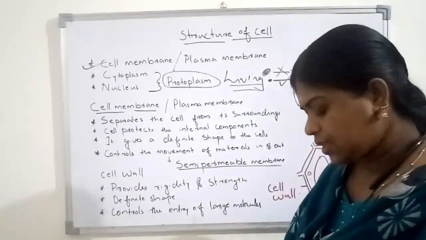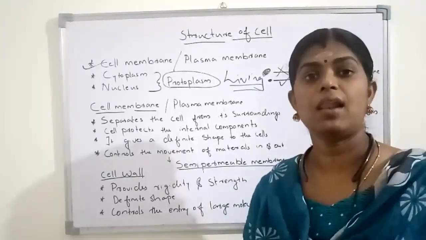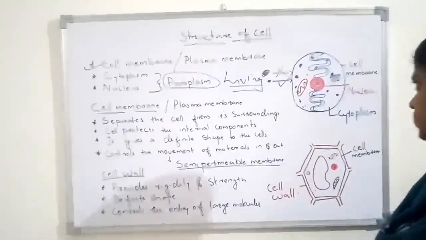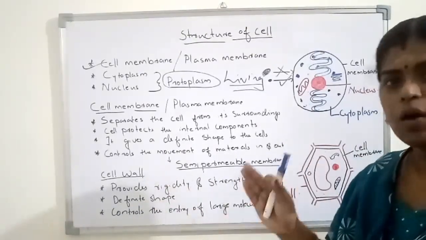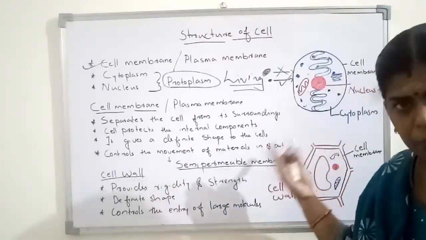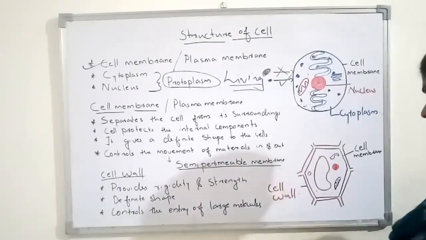So, another thing that we are going to look at is the cell wall. What is that? I have already told you that every cell has an outer covering, the cell membrane.